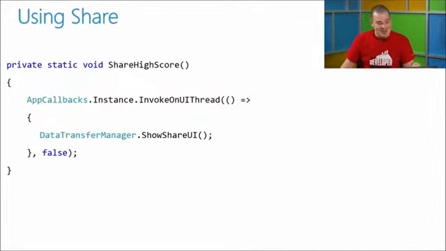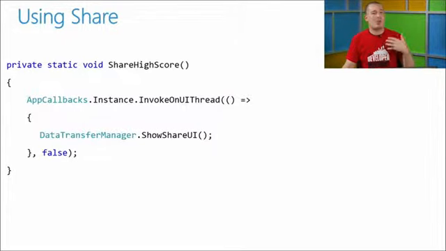Programmatically. So inside of your game, this is what will happen, and we're going to show you how to set this up: when someone actually gets a high score, it's going to open the charm for you and allow you to share that way. It's very simple code, and you'll see here we're invoking it on the UI thread. The reason for this is you want to keep what you're doing separated.